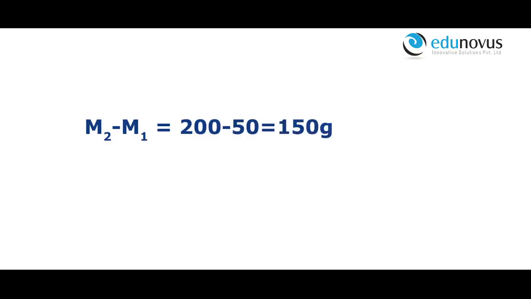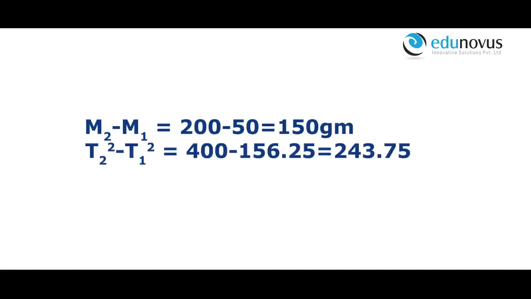m2 minus m1 is equal to 200 minus 50, which is 150 grams. T2 square minus T1 square is equal to 400 minus 156.25, which is 243.75.